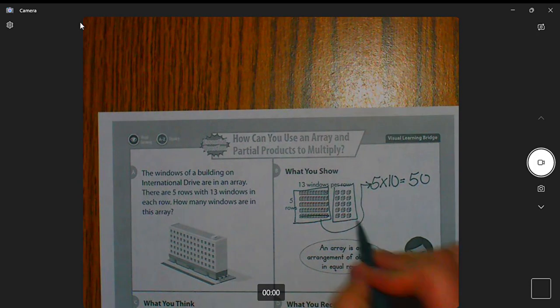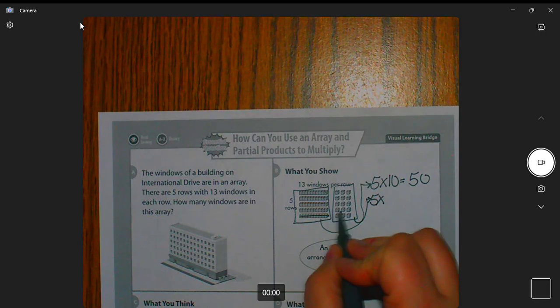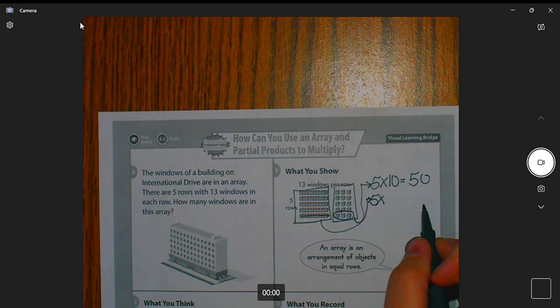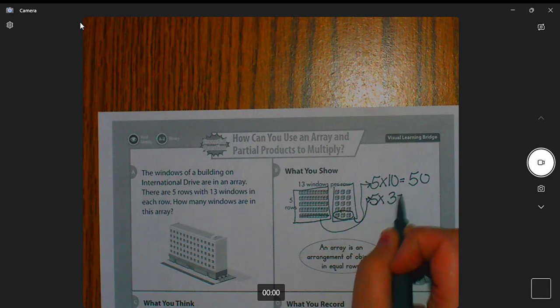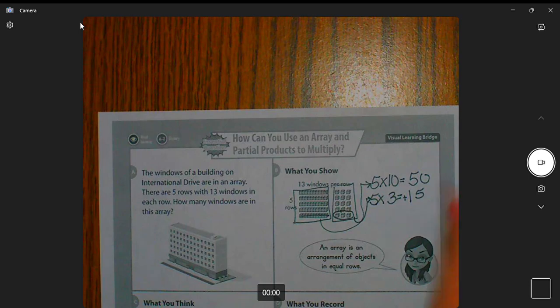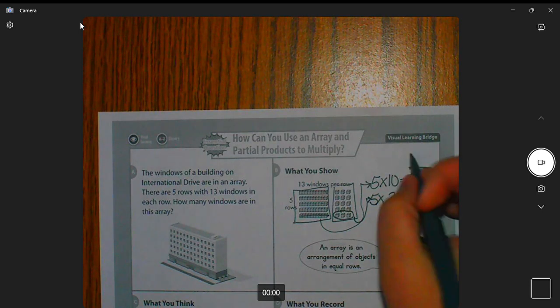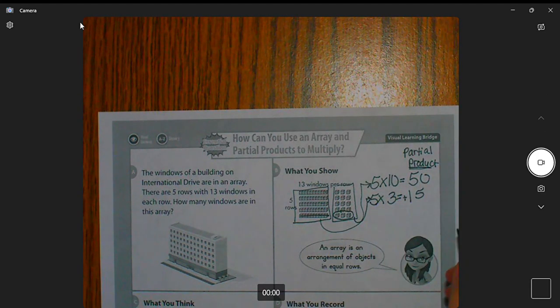And then I'm going to do the same thing over here. I have 5 rows because they all match. How many is in one row? Yeah, it's 3. Gives me 15. This area is known as partial products, because they are the pieces of the puzzle that I'm trying to solve.